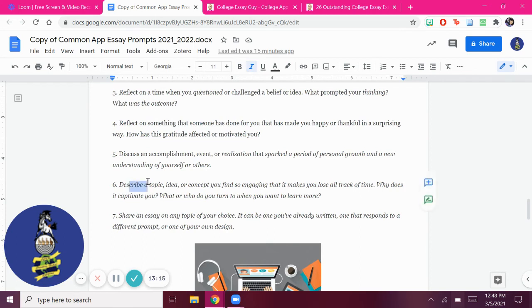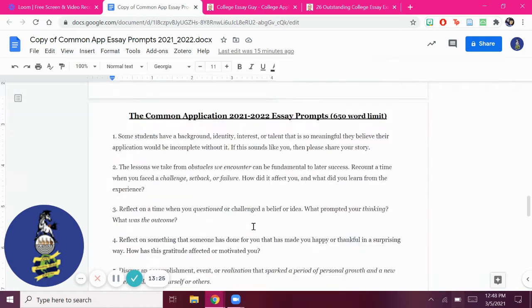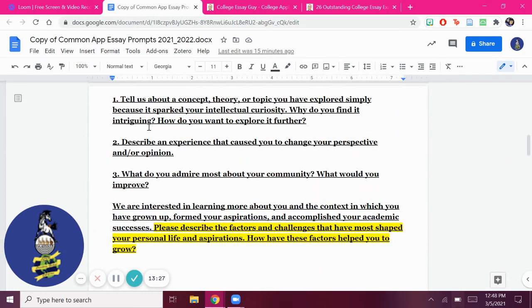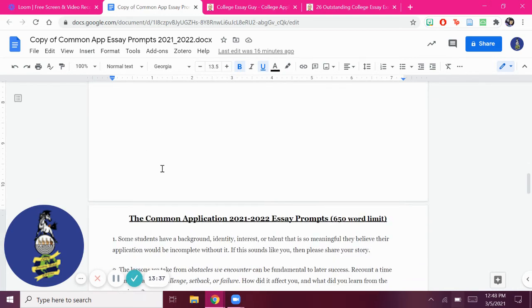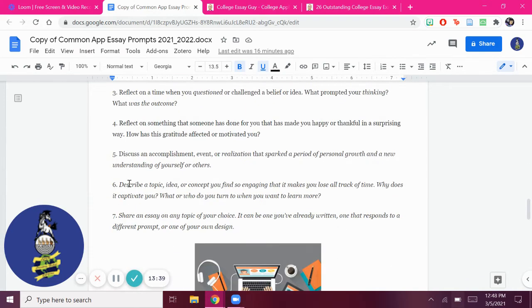6, describe a topic, idea, or concept you find so engaging that it makes you lose all track of time. Why does it captivate you? What or who do you turn to when you want to learn more? So this is similar to the first question, a concept, theory, or topic that you've explored, essentially based on intellectual curiosity.